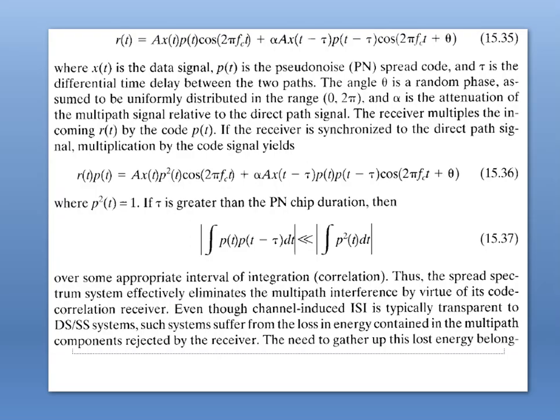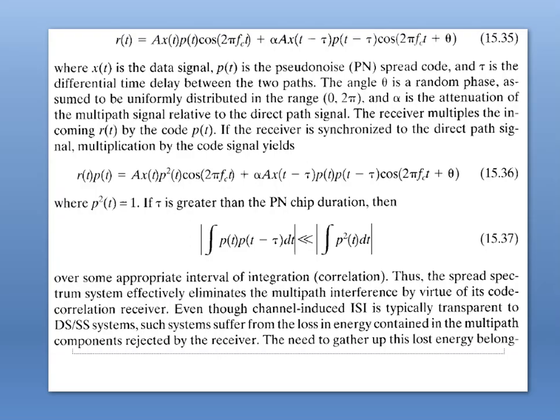Hence, a great deal of pulse energy is passed by the channel, in contrast to the channel null effects on a relatively narrowband signal. The ability of the signal spectrum to span many lobes of a frequency selective transfer function is the key to how direct sequence spread spectrum signaling can overcome the degradation effects of a multipath environment.